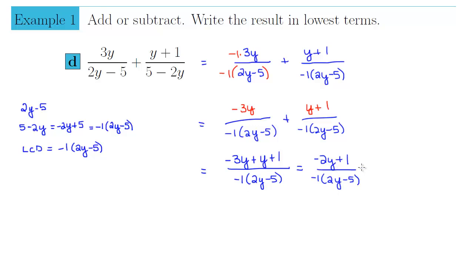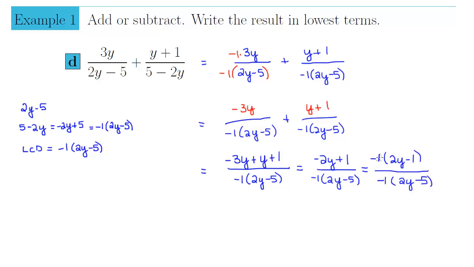So let's factor out a negative 1 from the top. When I take a negative 1 out from the top, I get 2y minus 1. Let's check. Negative 1 times 2y is negative 2y. Negative 1 times negative 1 is plus 1. The bottom is negative 1 times 2y minus 5.